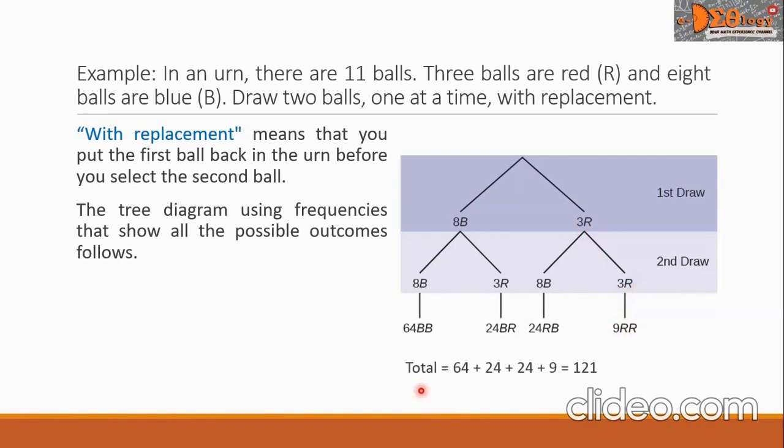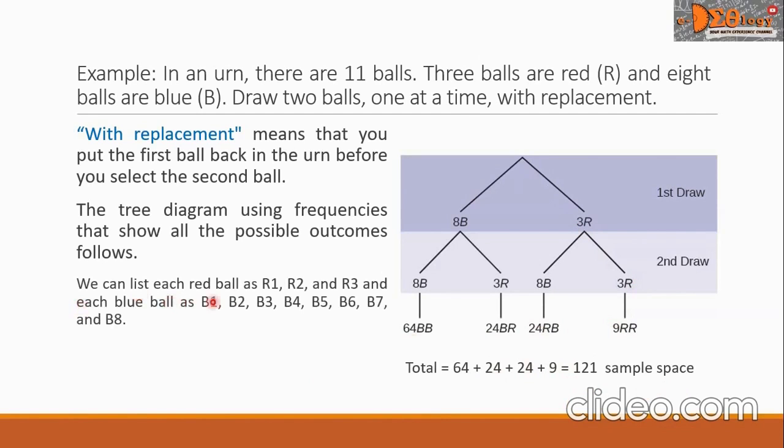Now, if you add the total of this 64, this 24 plus this 24 plus 9, the total will be 121, and this is the number of elements in the sample space.